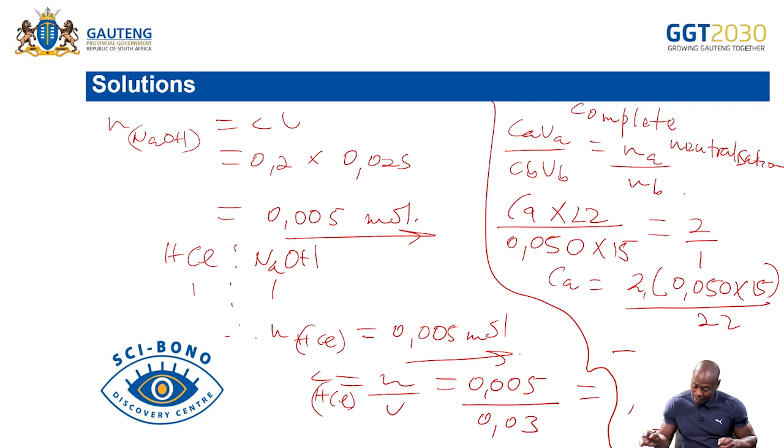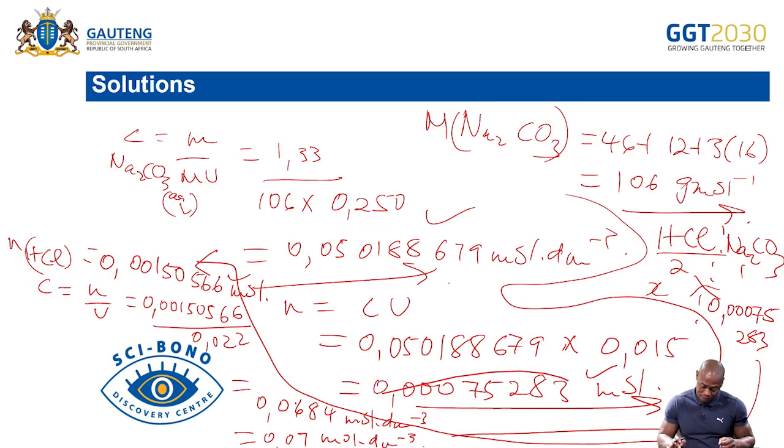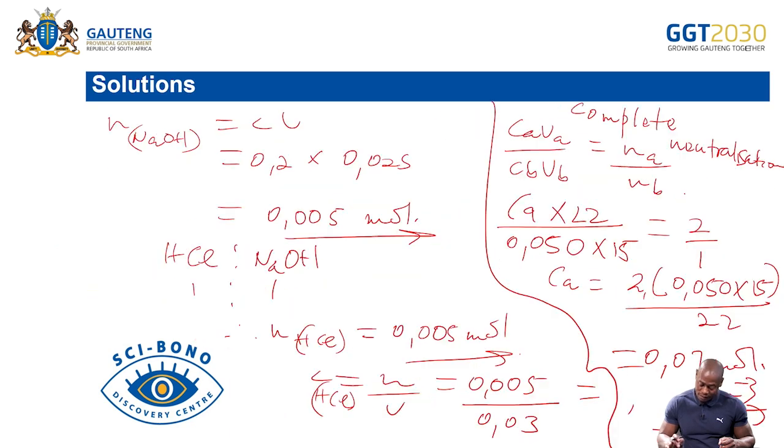So here I have 0.050 times 15, right, times 2. This is what we have. Divide by 22. So yes, I'm getting 0.07 mole per cubic decimeter, which is the same thing we got on this side. Yes, 0.07 mole per cubic decimeter.